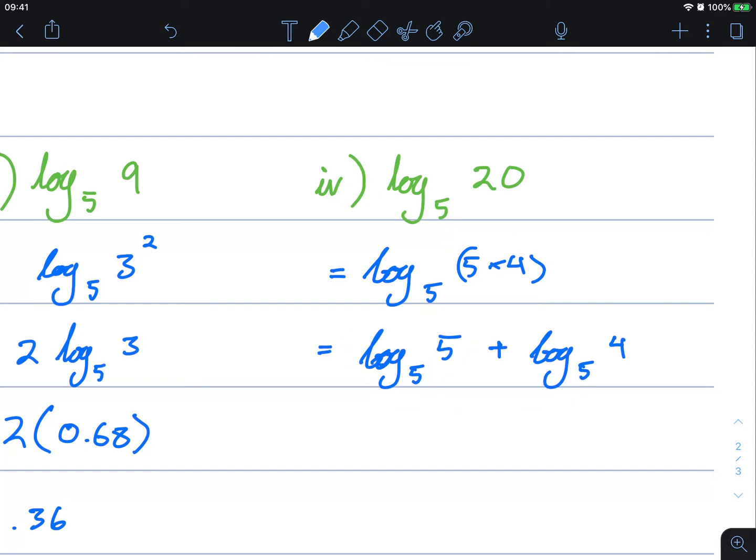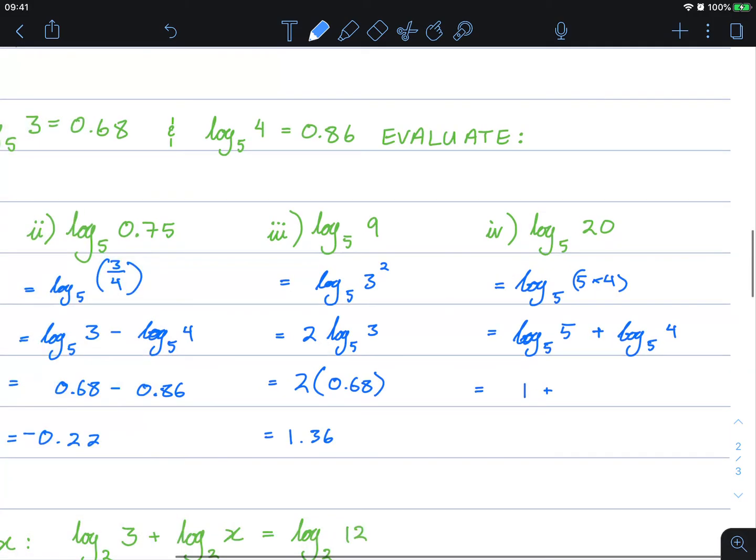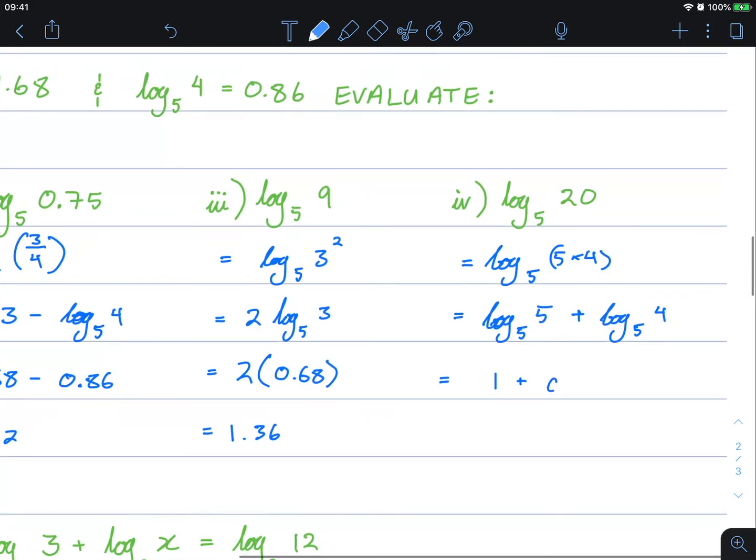Hope you remember from the previous logarithm laws, this is equal to 1 plus, and this we know the value of, 0.86, which is equal to 1.86.